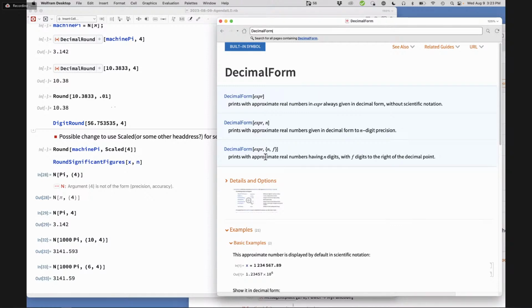It's similar to decimal form of n, f, but that is a print form. That's a big difference, but nonetheless, the spec is very similarly treated. Which is why decimal round is not that crazy a name. But digit round doesn't seem crazy to me because it's like round this thing to 4 digits.